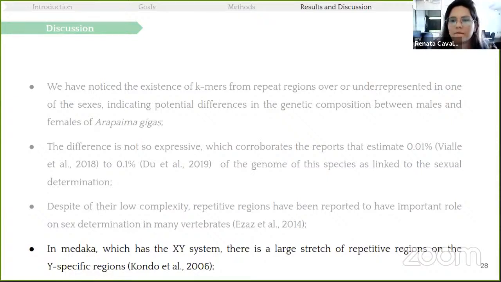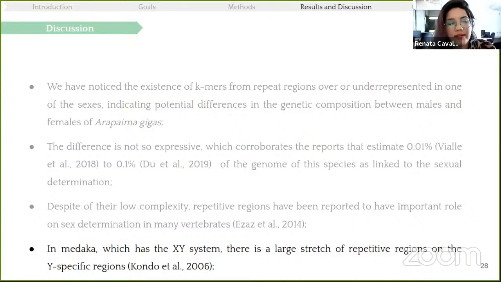But in your work, you have found some clues, some sequence that could maybe be used to determine it. My curiosity is, have you tried to compare your findings to these regions on other species that are already known to be sex determining?